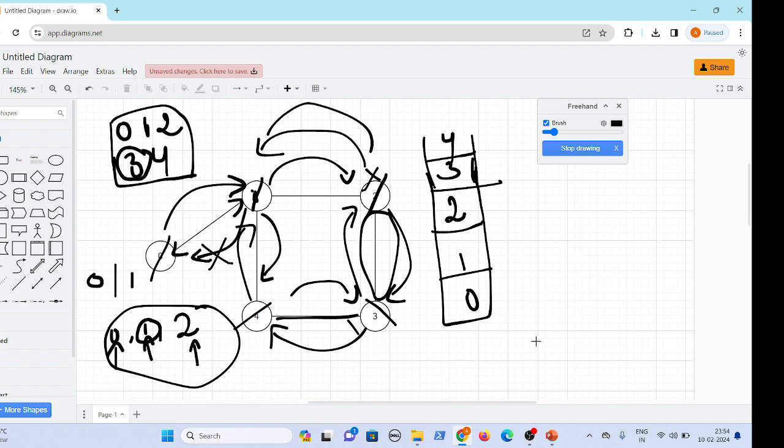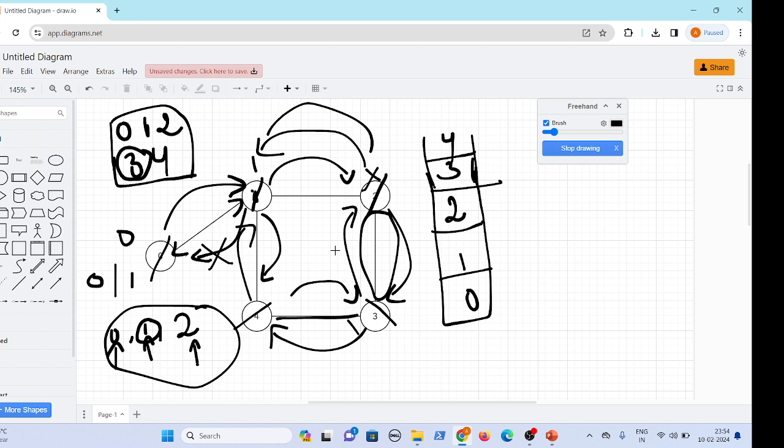So in undirected graph, what happens is, if there is a connected component, what is meant by connected component means, when I started traversal from 0, right? Even if I start traversal from 1 or 2 or 3 or 4, you will reach all its vertices.